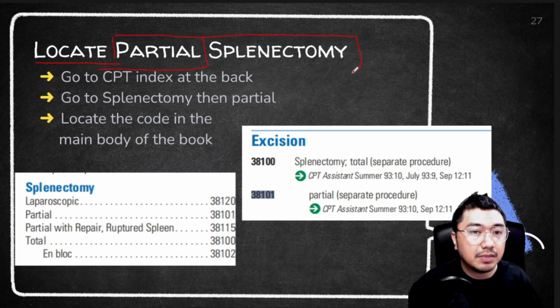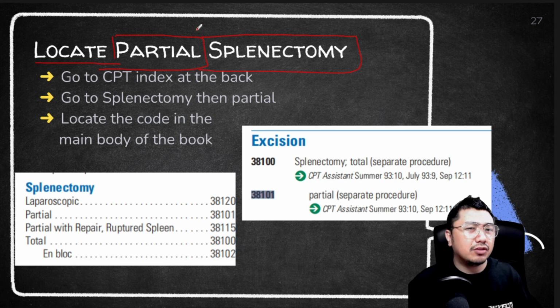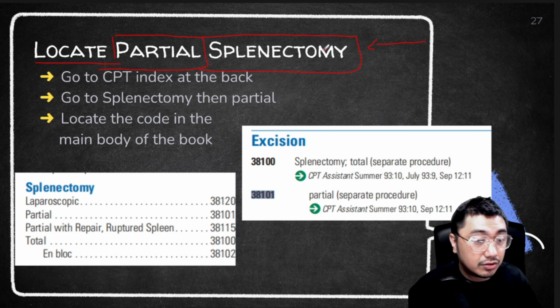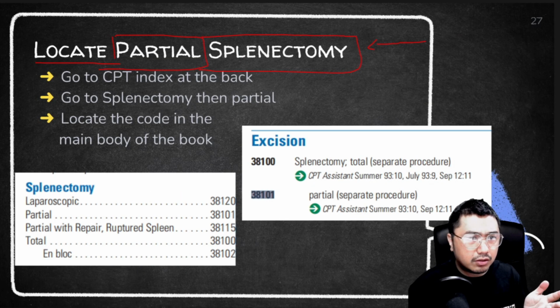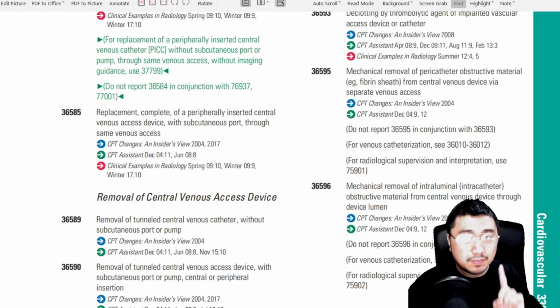Your main term here is not partial, it's splenectomy. You can either choose splenectomy directly, or you can go with the body part involved, which is the spleen. So again, you have to check those.